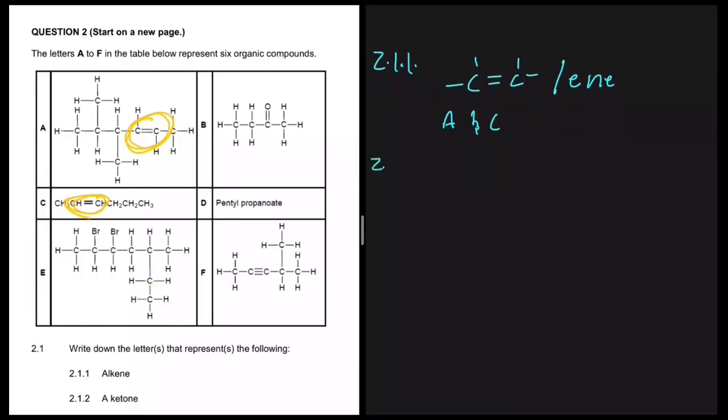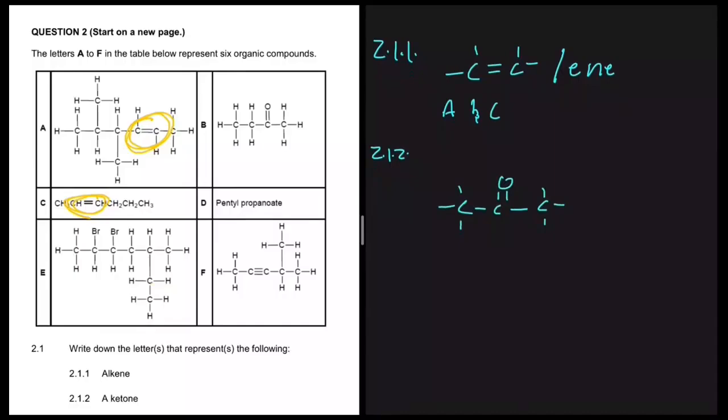Now let's go to 2.1.2, which letter represents a ketone. Again, we're going to look at the functional group of a ketone. For a ketone, we need a carbon that is bonded to an oxygen and then bonded to two other carbons, right?